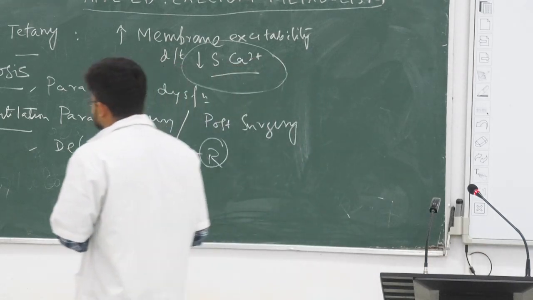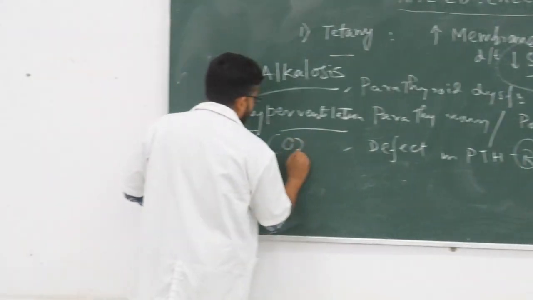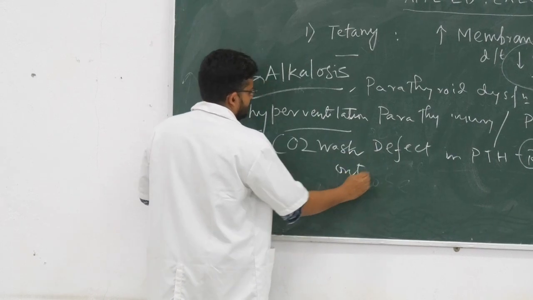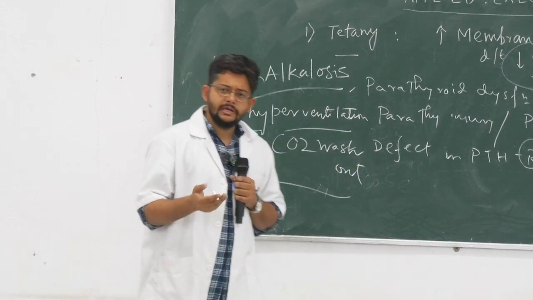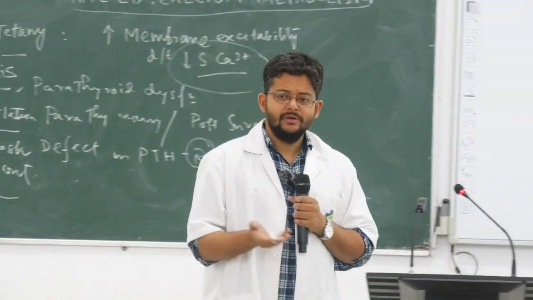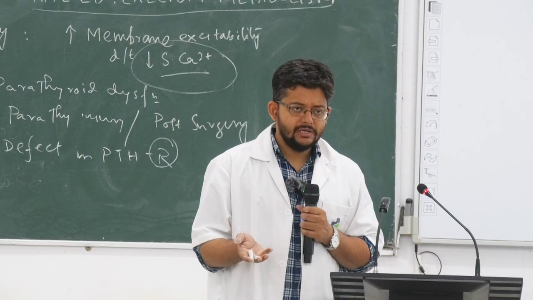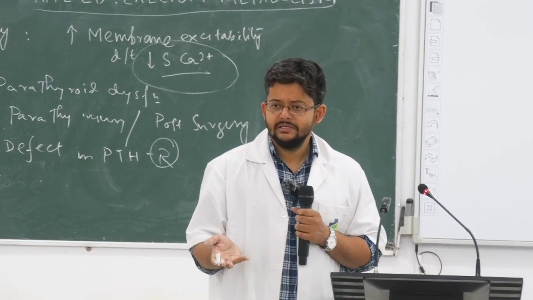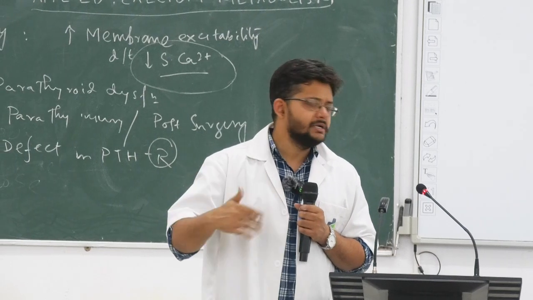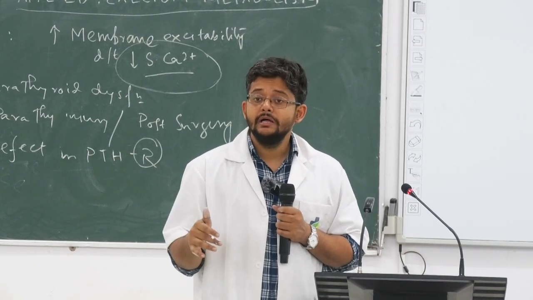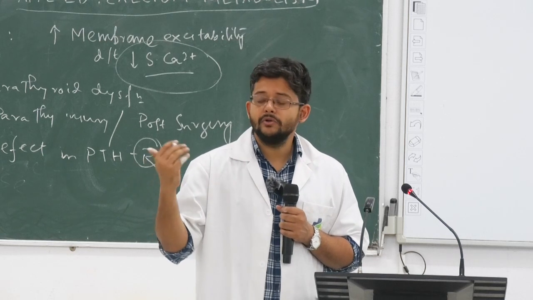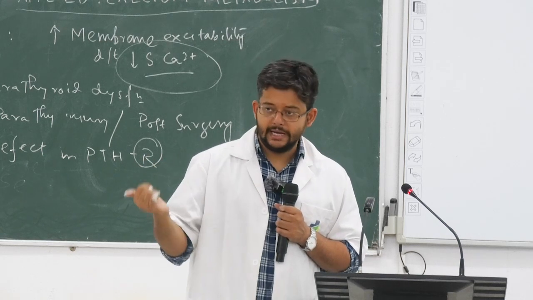Yes, so the basic reason is H2O plus CO2 gives H2CO3, correct? That's an acid. So if carbon dioxide keeps going out continuously, it's a volatile acid, so if it goes out, there will be respiratory alkalosis.